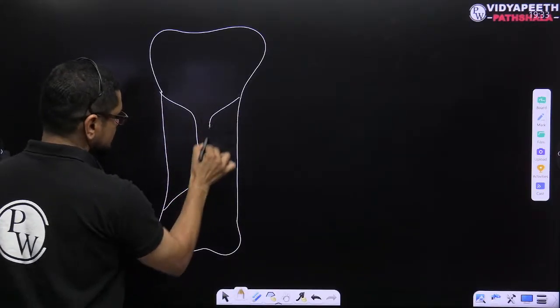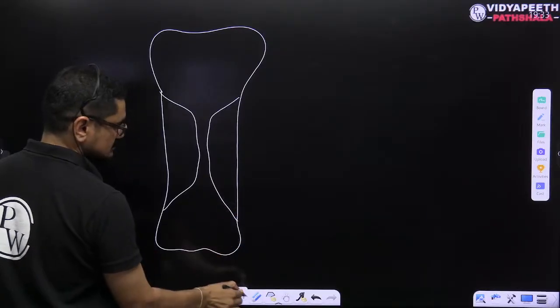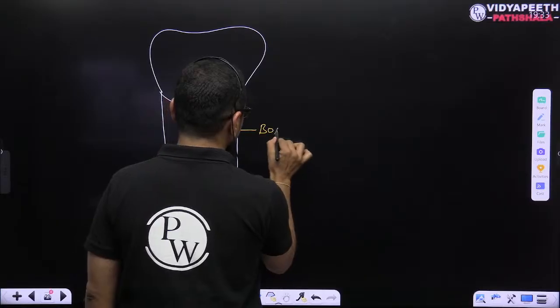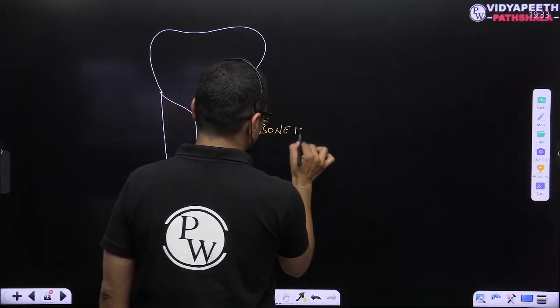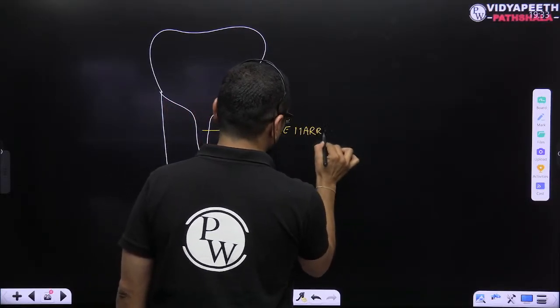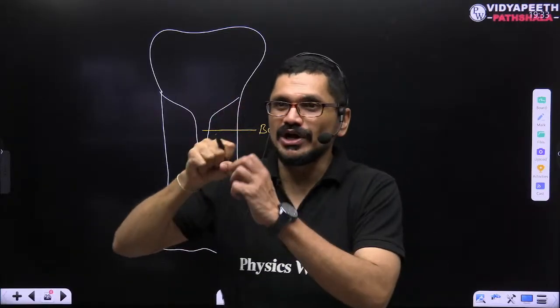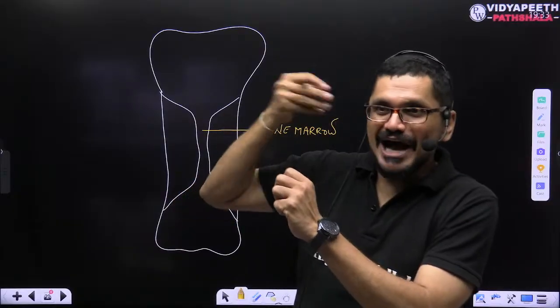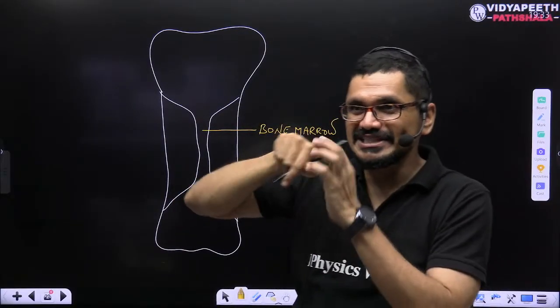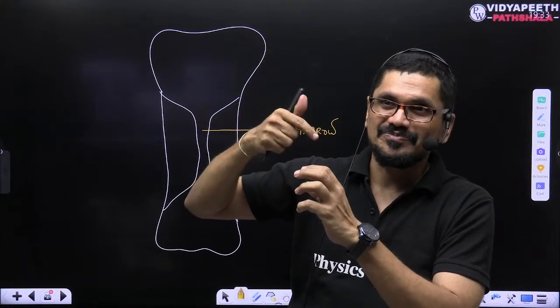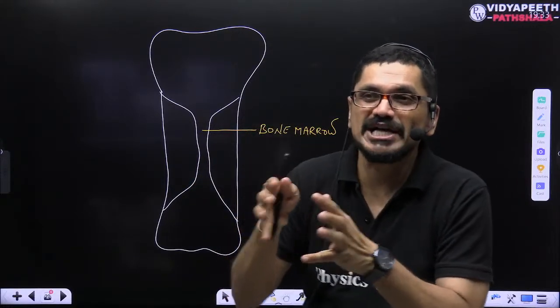Tell me. Bone marrow. So inside the bone there is a space called bone marrow. Generally, after crushing the bone, you will take the marrow also which is there inside the bone, isn't it? Bone marrow is the space present inside the bone.